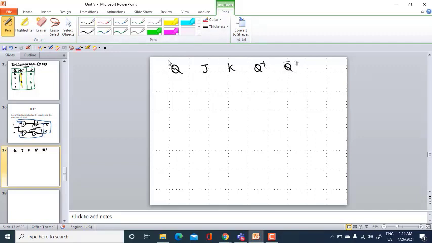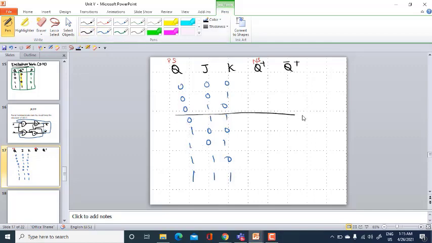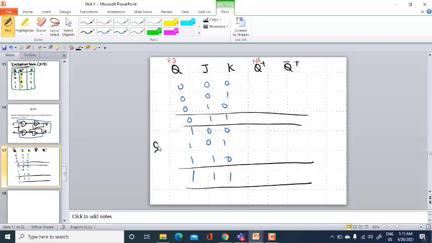This is your present state, this is your next state. See here we bother about only the indeterminate state. Indeterminate state will occur for one input combination. The rest of all the next states are same as your SR flip-flop.